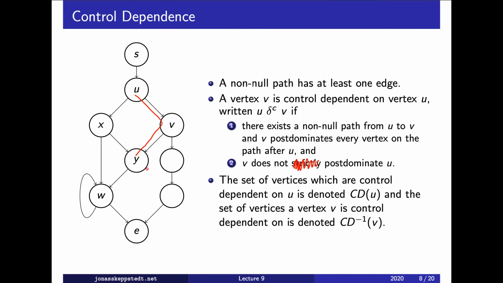If we take this path, we could take another path, but we just observe one path at a time. And Y postdominates itself, but it does not postdominate V, since we can go from V to E without passing Y.